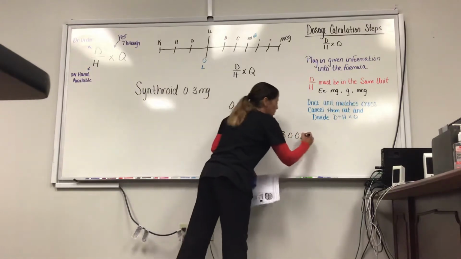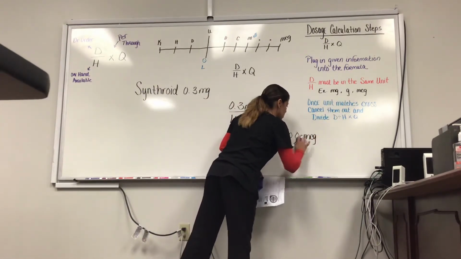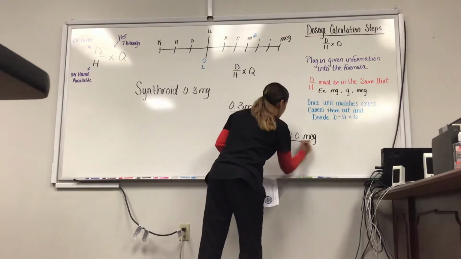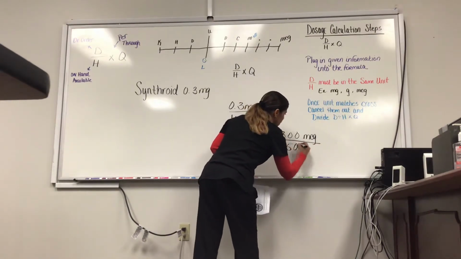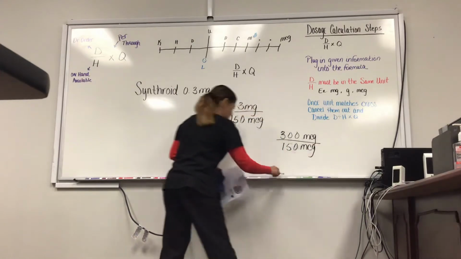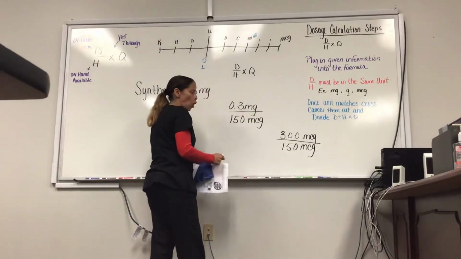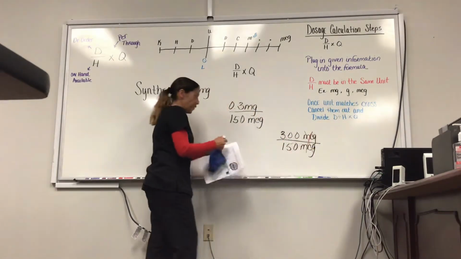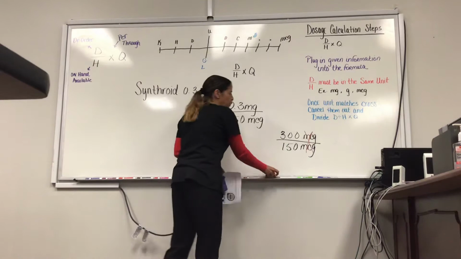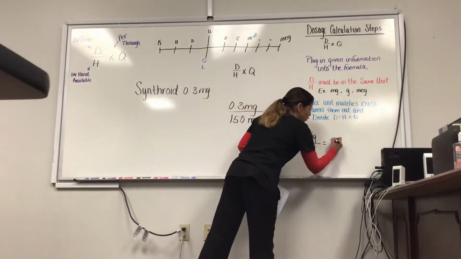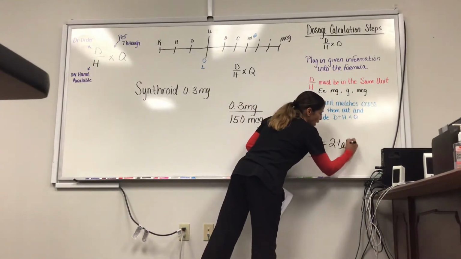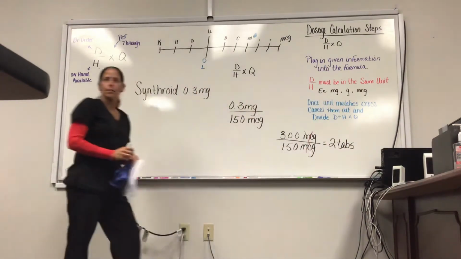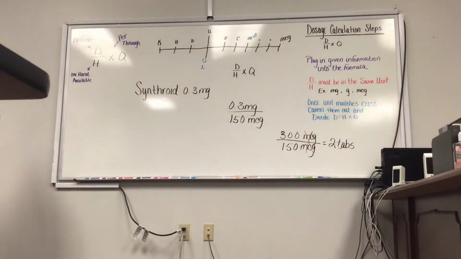Micrograms, right, we moved that. Over 150 micrograms. And then we have to do our cross canceling of them. And then 300 divided by 150, we're giving 2 tabs. Everybody good with that? Yes, ma'am.